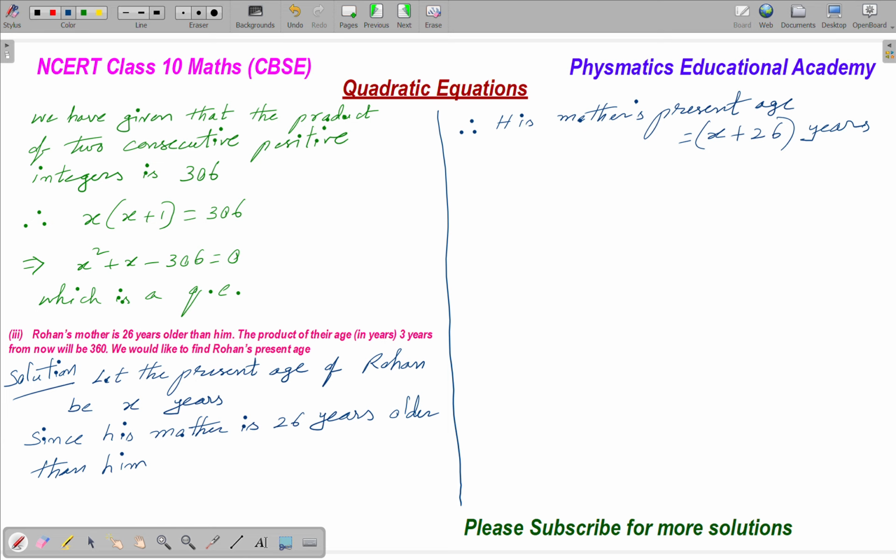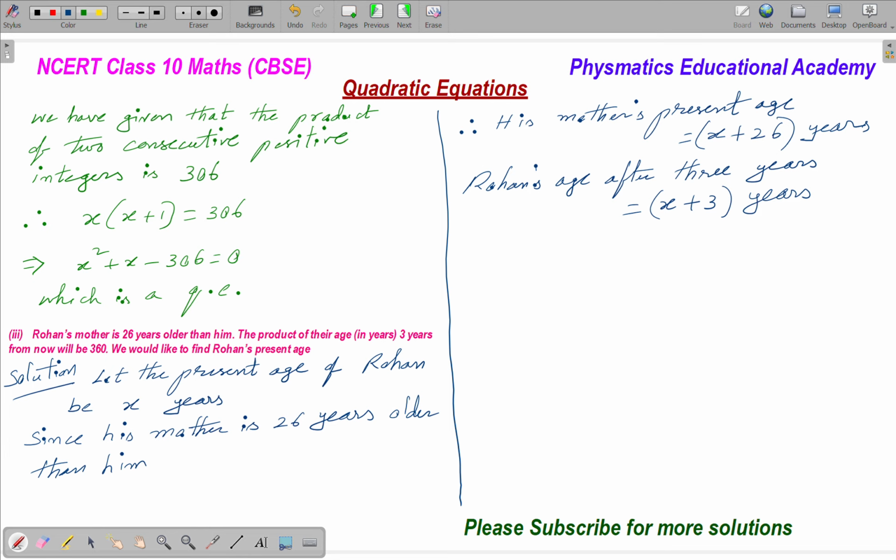Now Rohan's age after 3 years is equal to x, the present age, plus 3. This is Rohan's age after 3 years. This is the first condition.